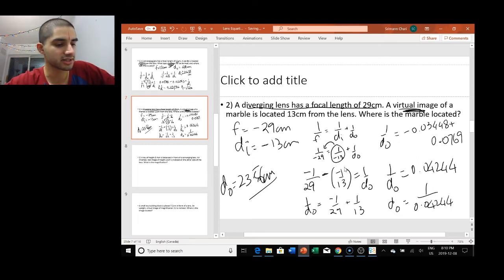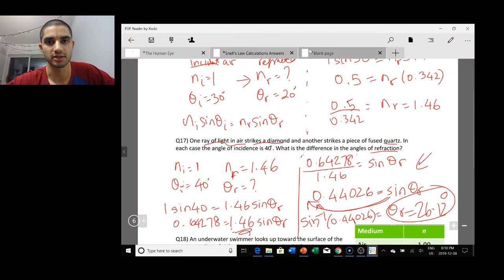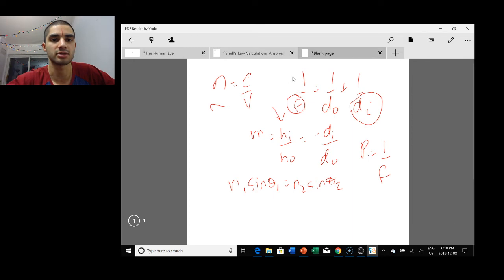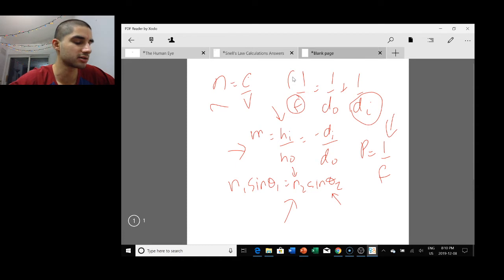So finally, in terms of a breakdown for the test, you will need to know these calculation questions that I mentioned at the beginning. So using all these formulas, like the magnification equation, power equation, where you just take the reciprocal, Snell's law, where you have to calculate the refractive index and you have to calculate an angle.